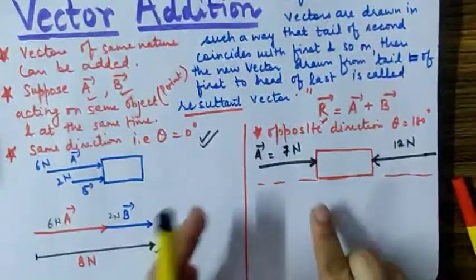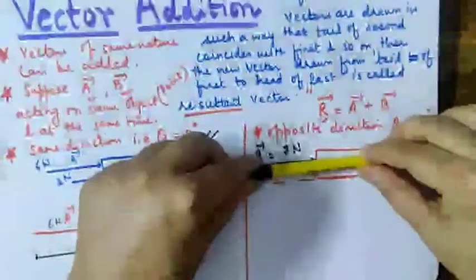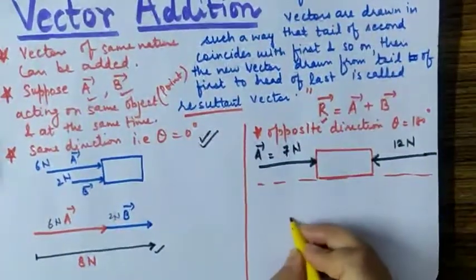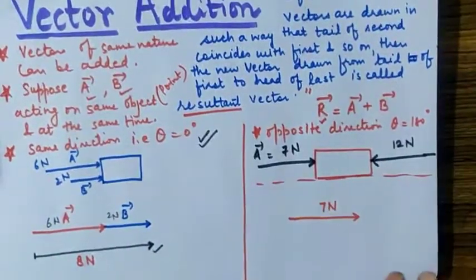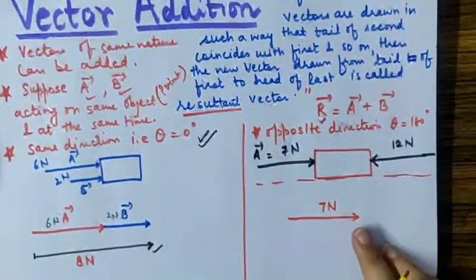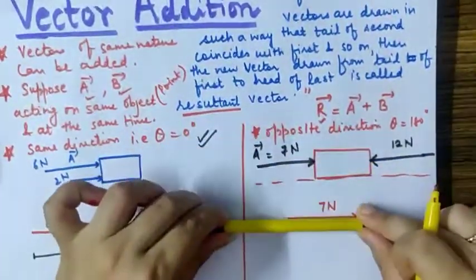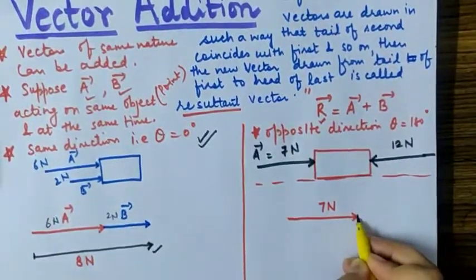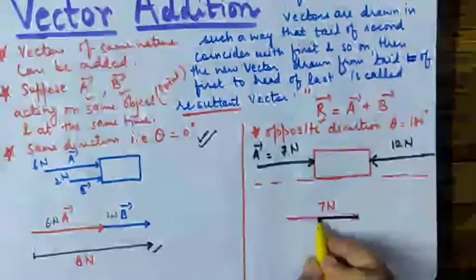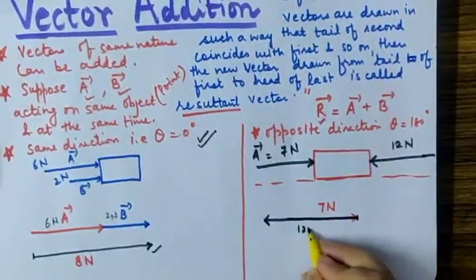Now just draw those 2 vectors as we wanted them to be. Just pick the first vector up, then we'll draw 7 Newton like this. Then what we'll do is head of first, tail of second: just pick it up from there and put it over it. Then the second vector should be drawn something like this, and now this is 12 Newton.